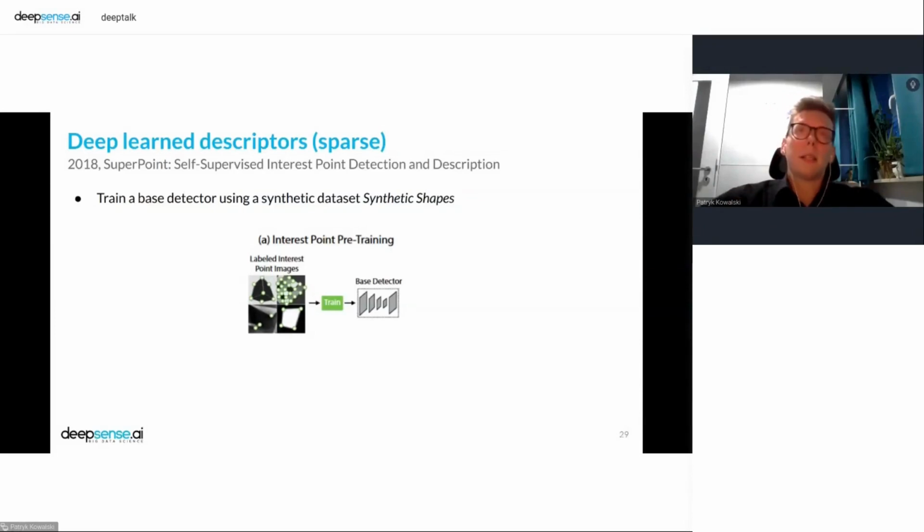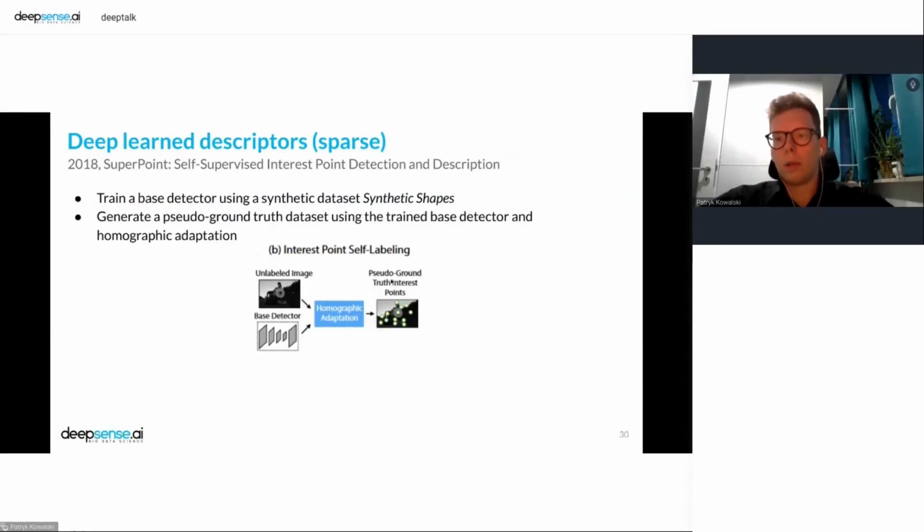So they created a dataset they called Synthetic Shapes that contains many simple synthetic shapes where key points are the corners, the most interesting parts of the figures. And they trained a base detector on those points. Will this base detector generalize well to real-world images? Well, it won't at first, but it will find some key points in real-world images.